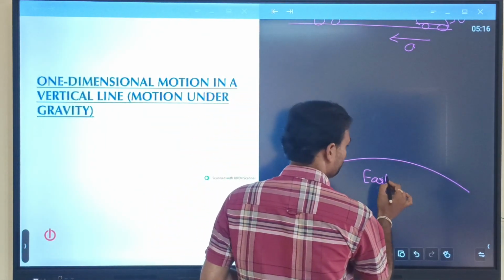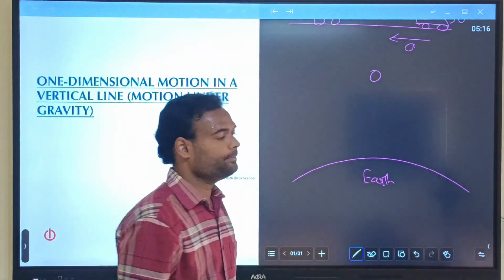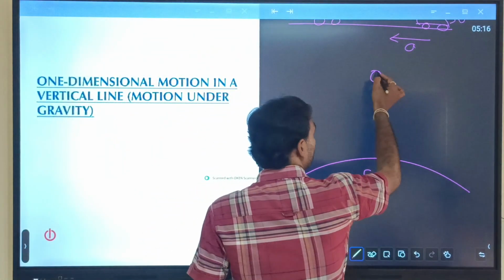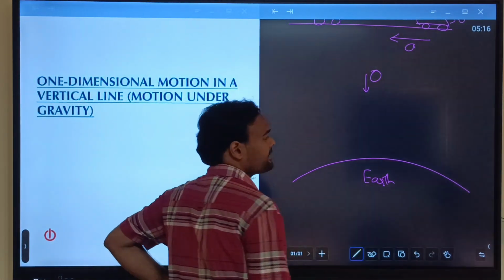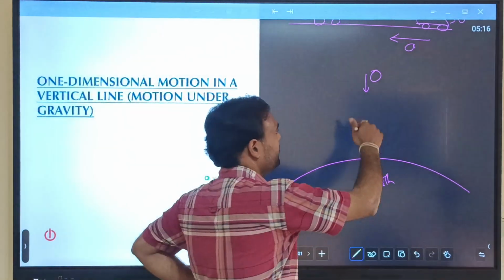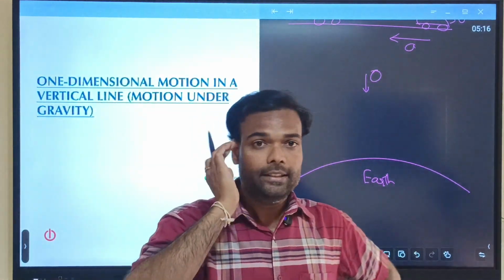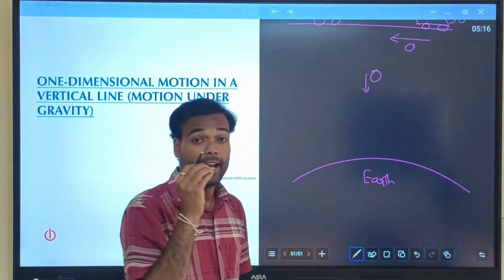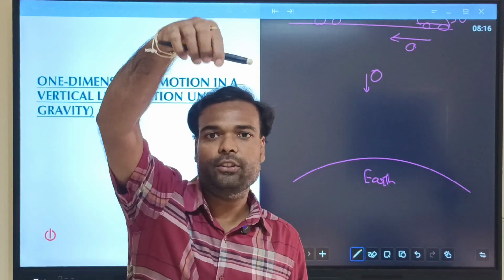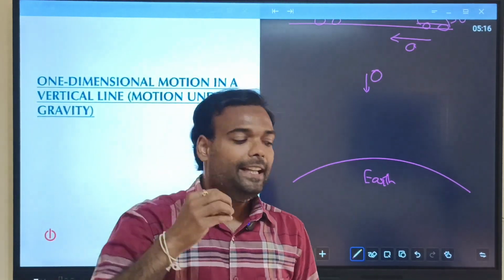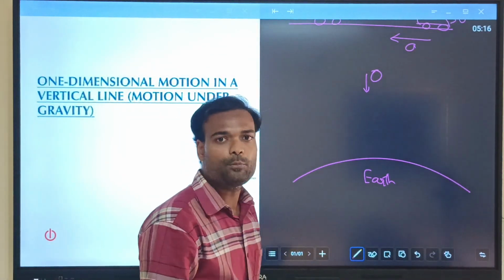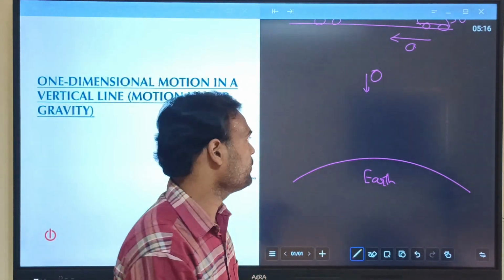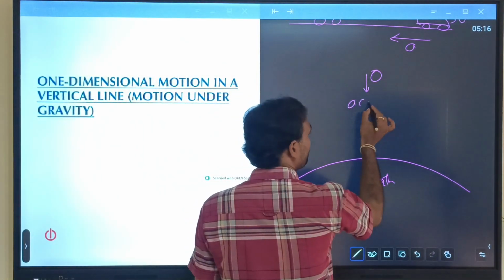Now see the next point. Here the earth is present, and an object is placed at this location. When I drop this object, the earth immediately tries to pull it towards its center with a certain amount of acceleration.